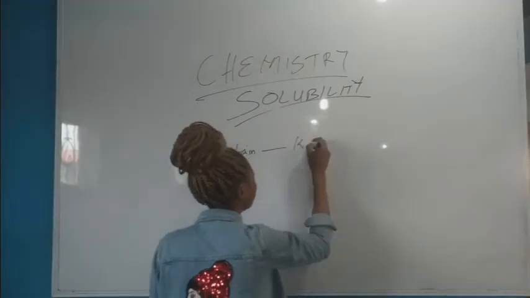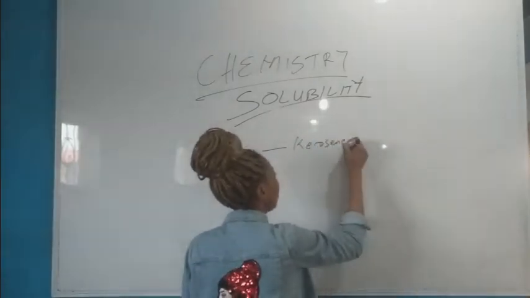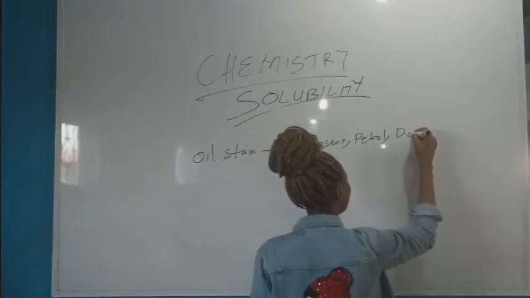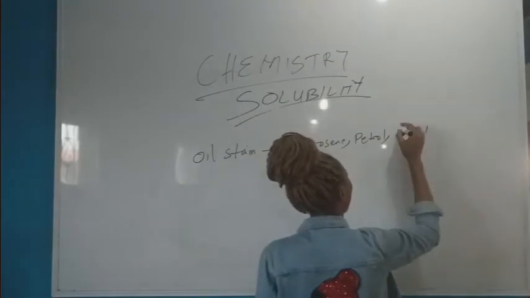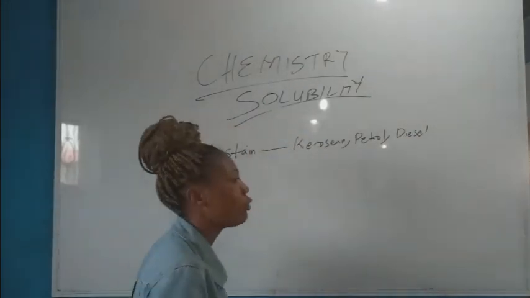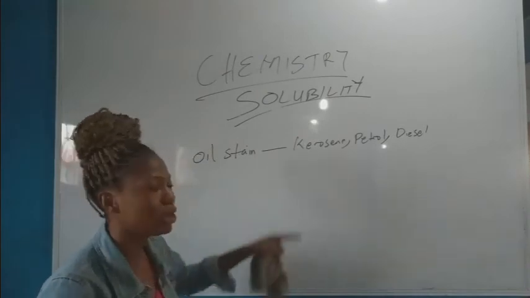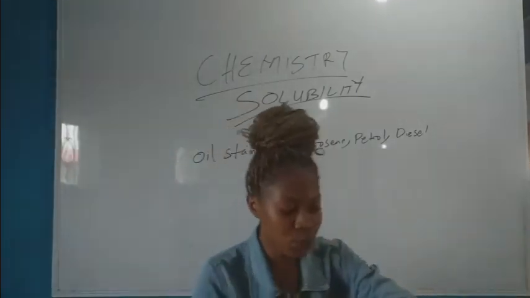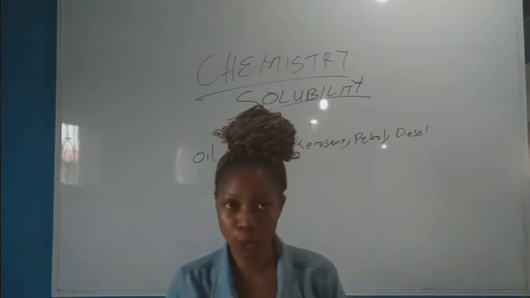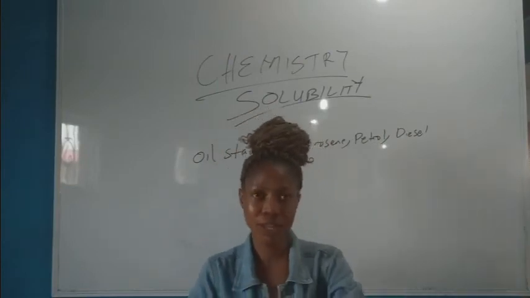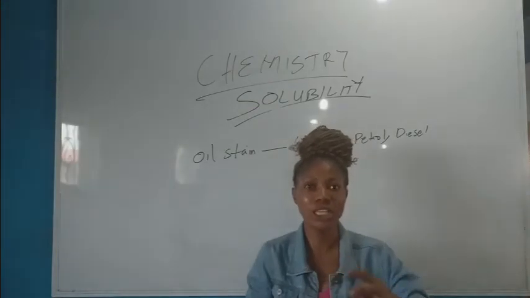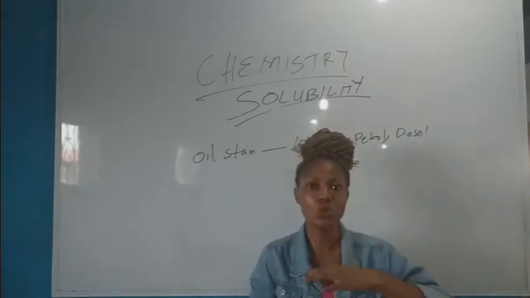You have kerosene, petrol, diesel. These are things that can dissolve oil. So when you have an oil stain on your clothes and kerosene or petrol is poured on that cloth, it will spread the oil. It will make the oil have a large surface area, and gradually as it is spreading, the oil stain will start to disappear.